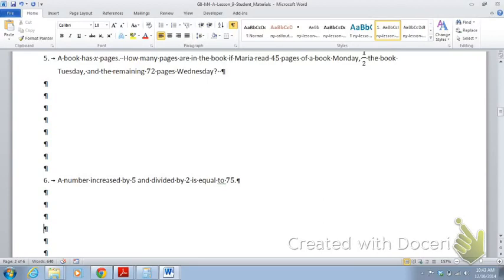All right, so let's think about this. We want to express the number of pages the book has. So let's go ahead and define our variable even though it's up there. So let x be the number of pages in the book.